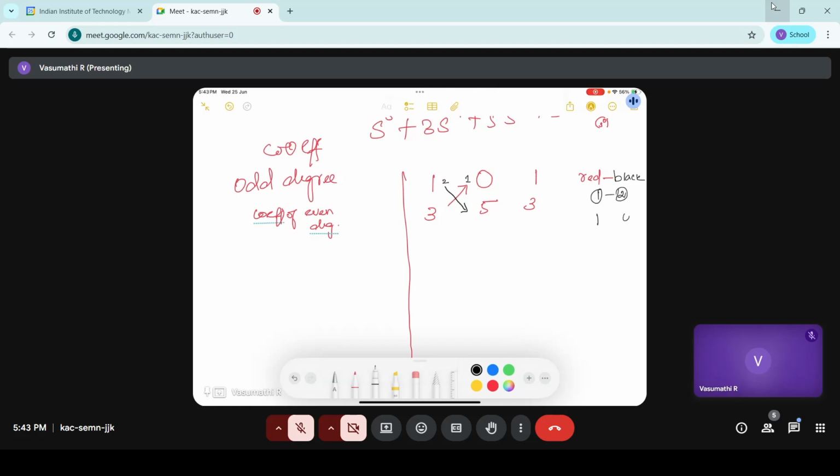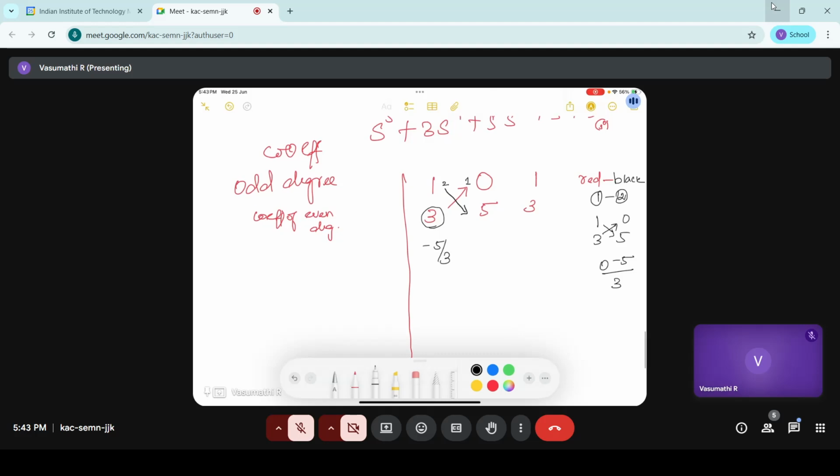For example, if this is 1, 0, 3, 5, multiplying this gives 0, then multiplying this gives minus 5. You write that and divide it by the term where you start. So I'm going to write minus 5 by 3 here.